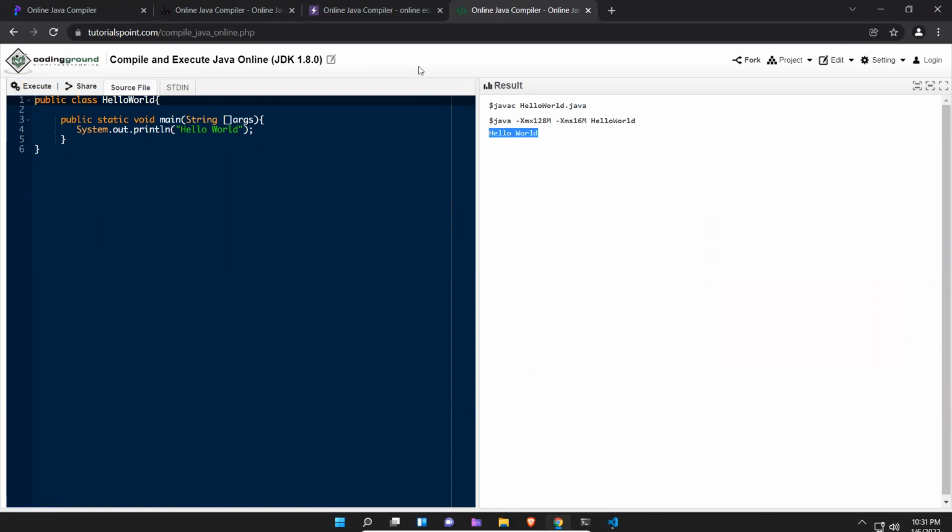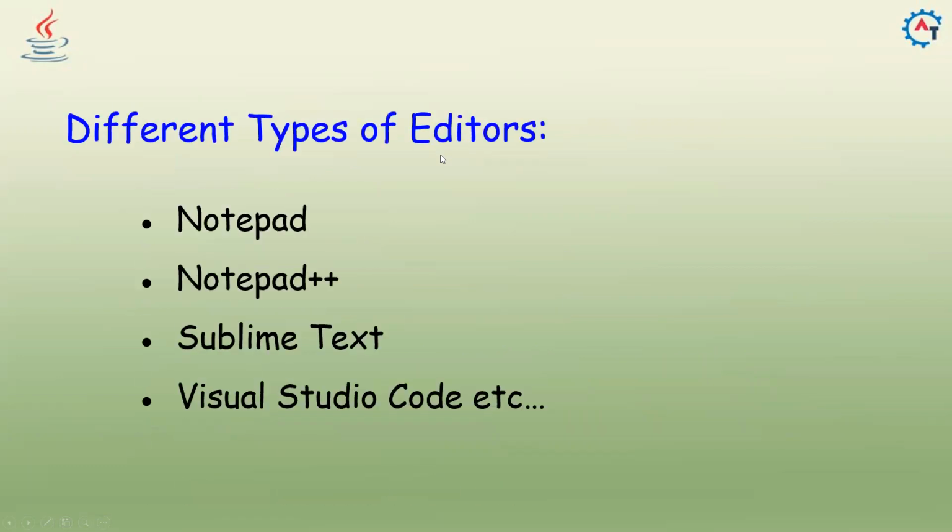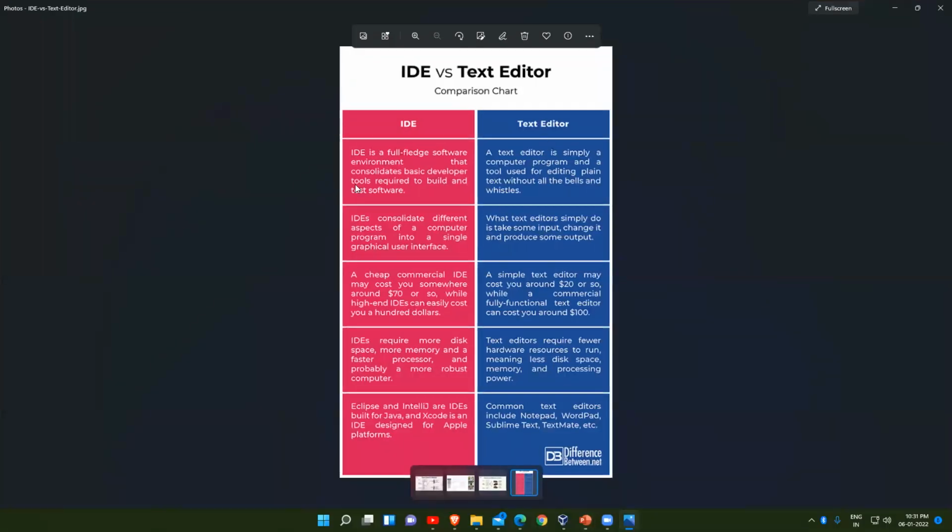Now, when you go to these different types of text editors and IDEs, what is the basic difference between these two? I found one table here. This table contains an IDE versus text editor comparison chart.